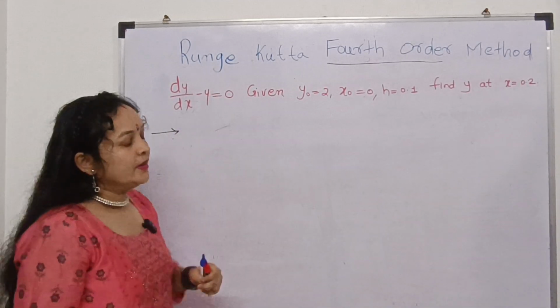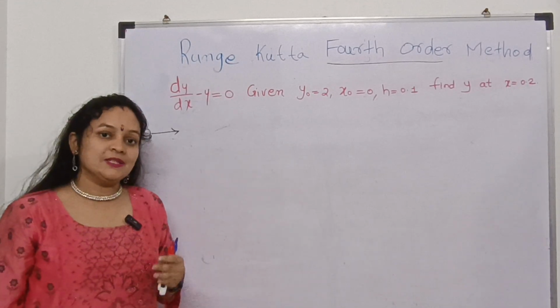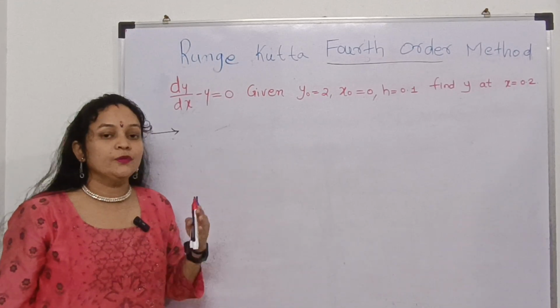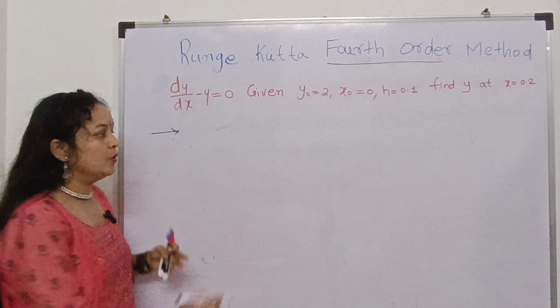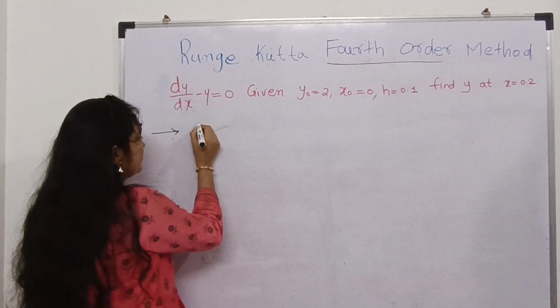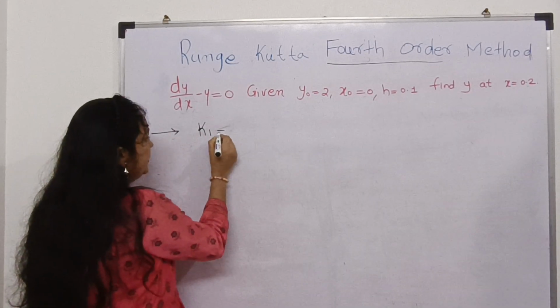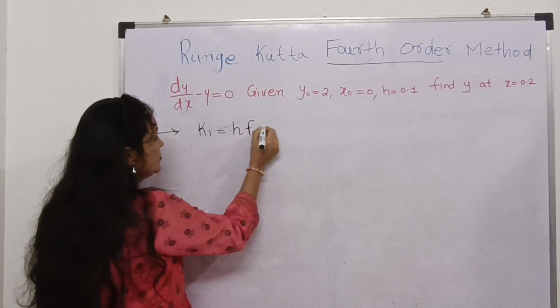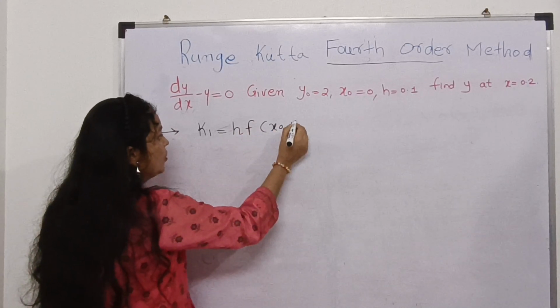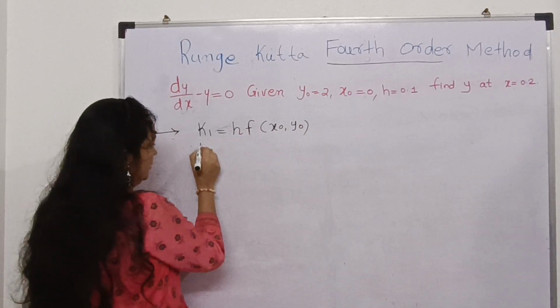Now here, the fourth order method means you are supposed to consider four slopes of the Runge-Kutta method. So K1 is calculated as h times the function of x0, y0.